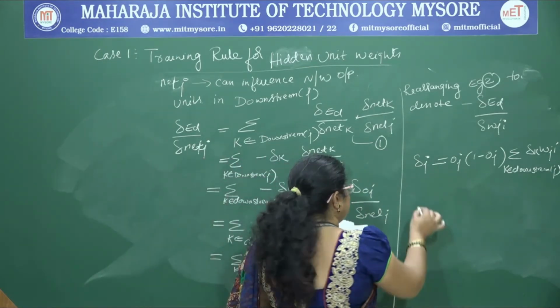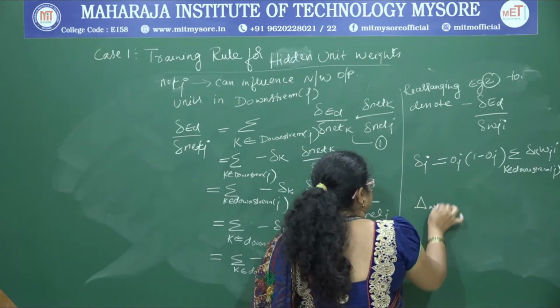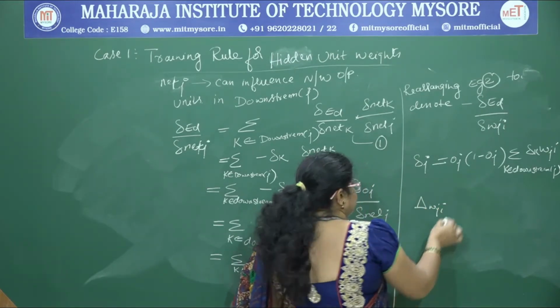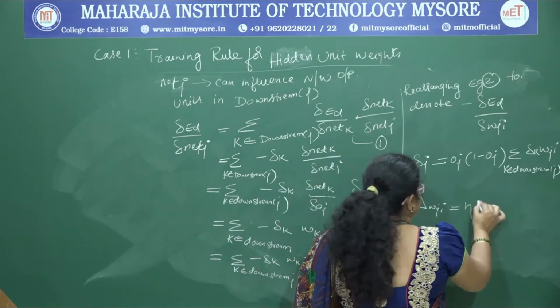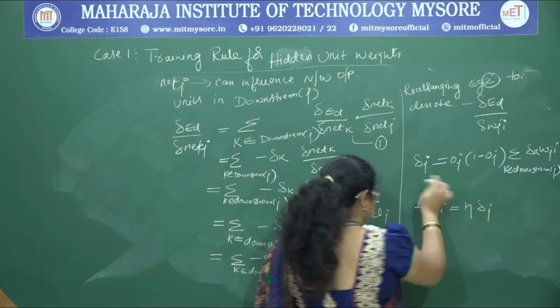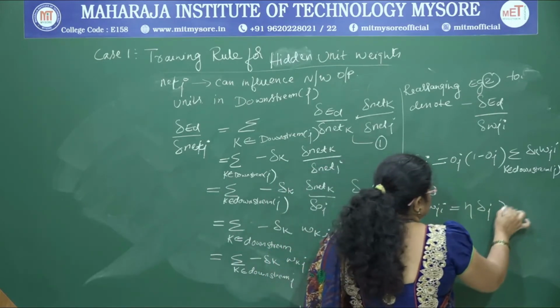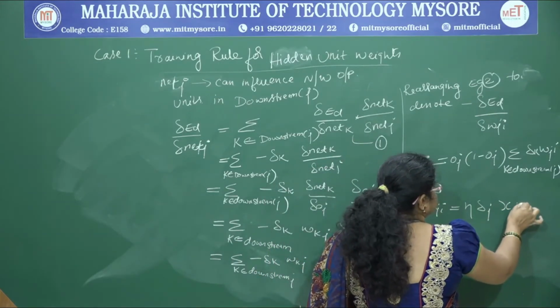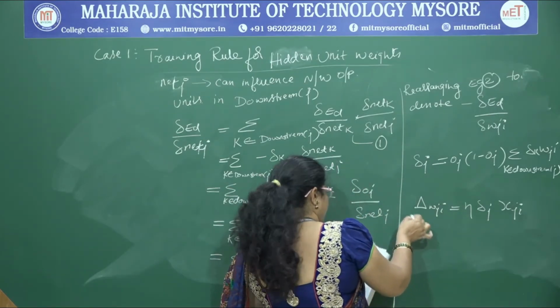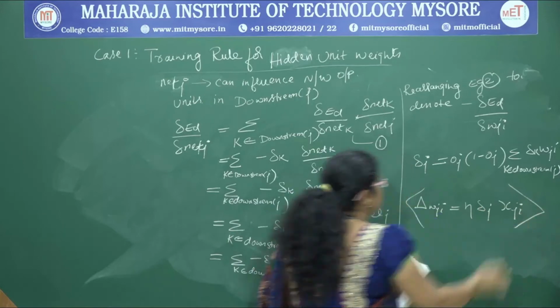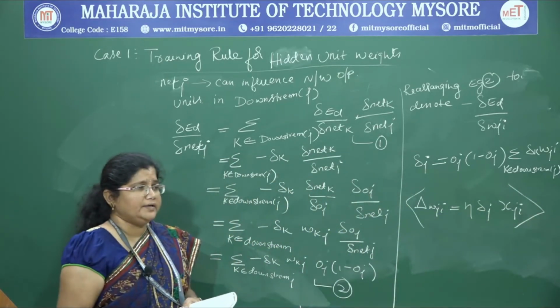So now delta Wji can be written as eta delta j into xji. This is what we get for delta Wji.